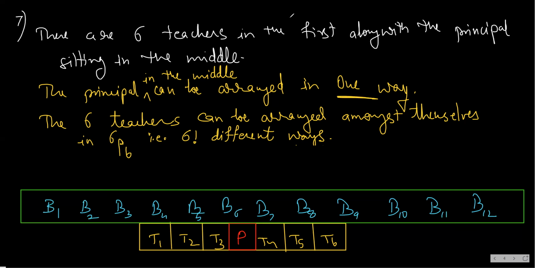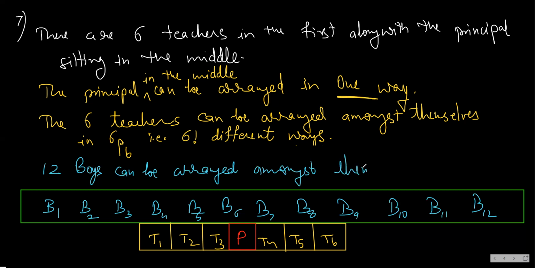So the 12 boys can be arranged amongst themselves in 12P12, that is 12 factorial different ways.